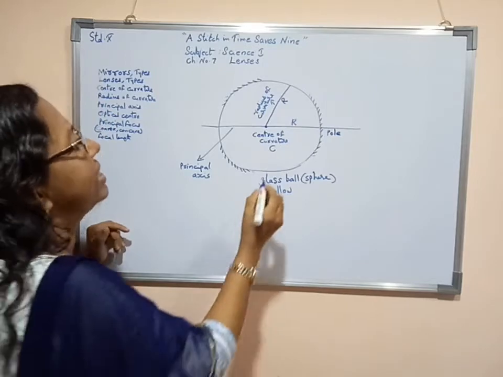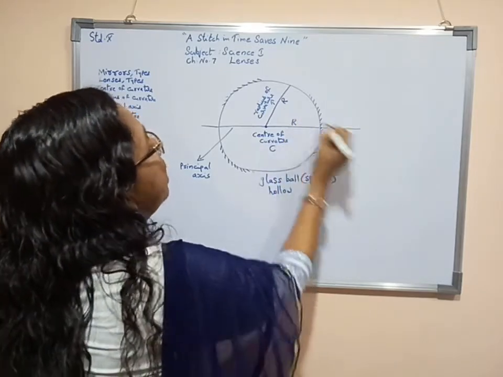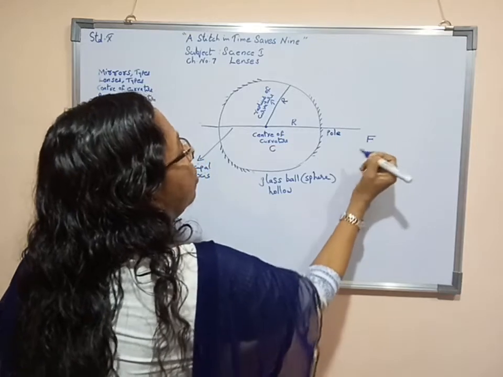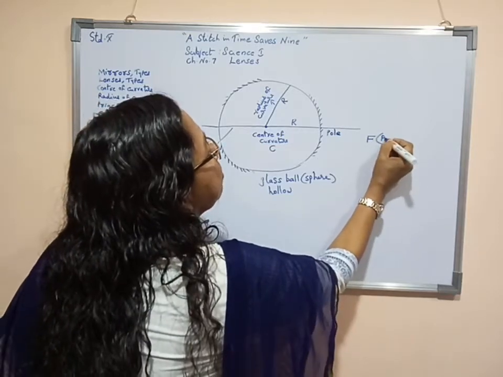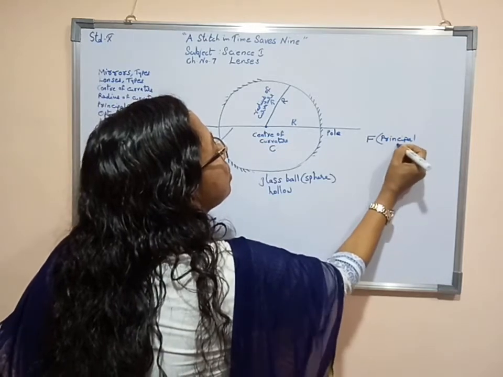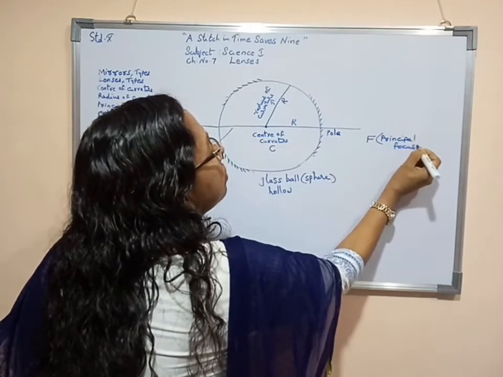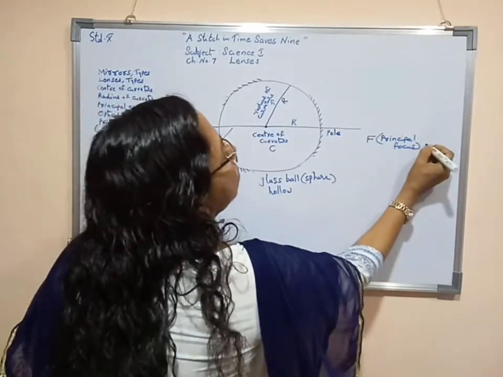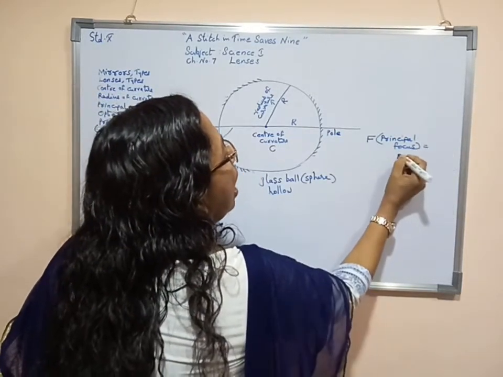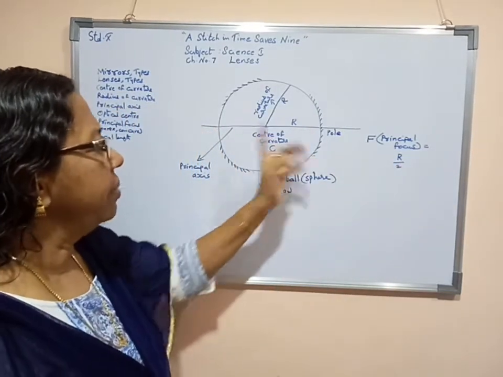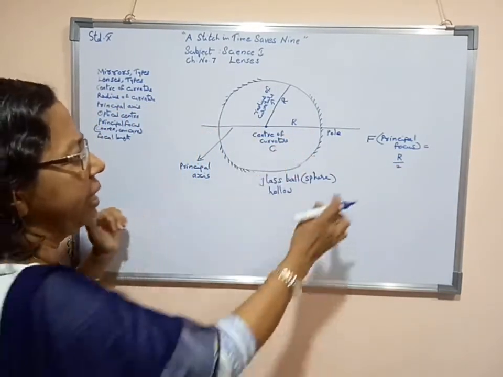Now one more thing: the principal focus F of the mirror. The principal focus of the mirror is equal to R upon 2. That means whatever the radius of the mirror is, we have to divide it by 2.